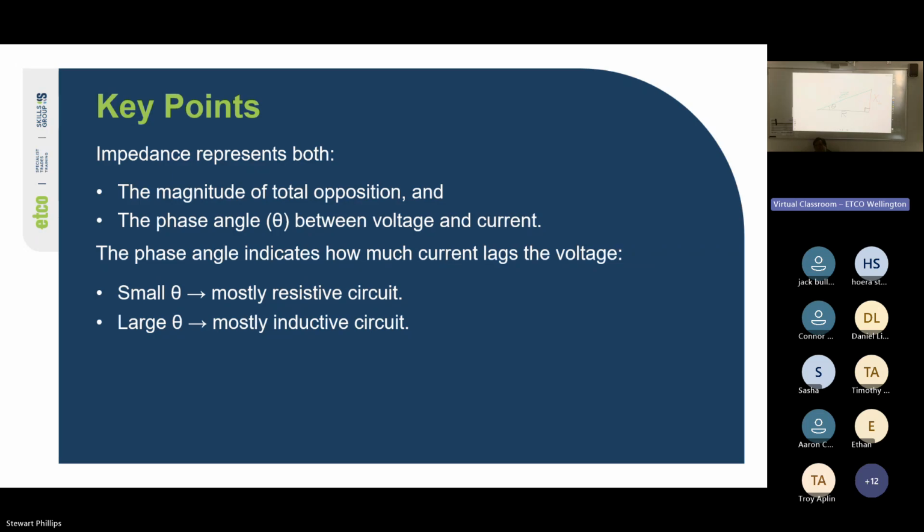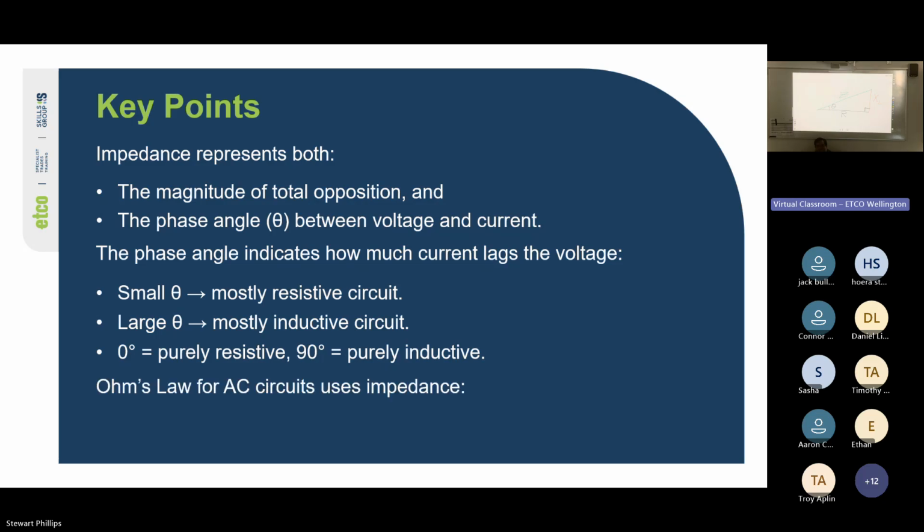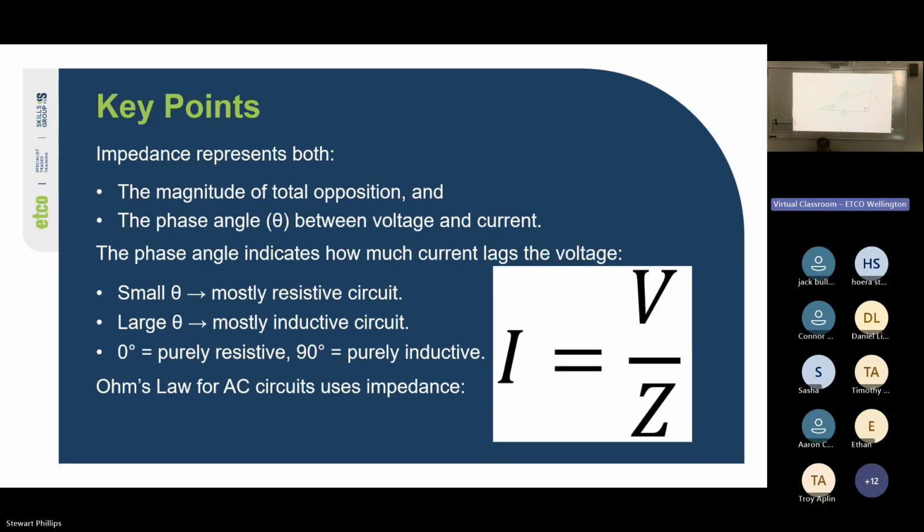Large angle, mostly inductive. 0 degrees, purely resistive. 90 degrees, purely inductive. But remember, a coil cannot be purely inductive. But we can use Ohm's law for AC circuits. Current equals the voltage divided by the impedance. So it's the same as the resistive circuit, only we've swapped the resistance for our impedance.